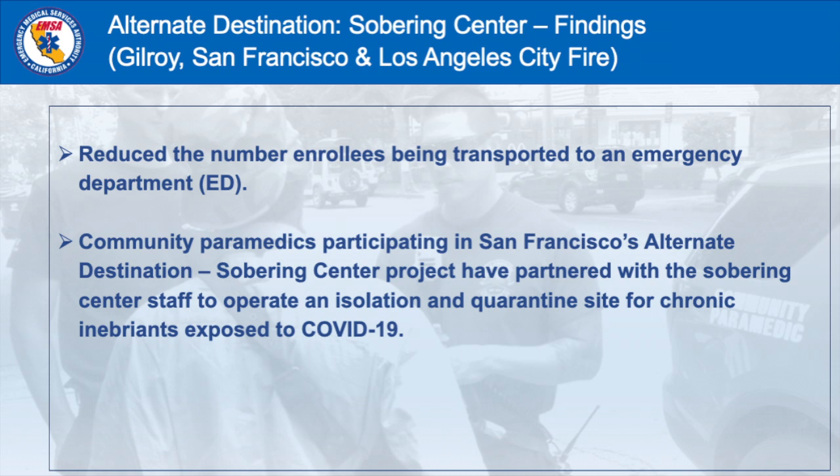Well, we still have that, but not as significantly. And they were collaborating to take the services of the Sobering Center and create a quarantined, isolated center for the homeless population to make sure that they would be properly cared for.